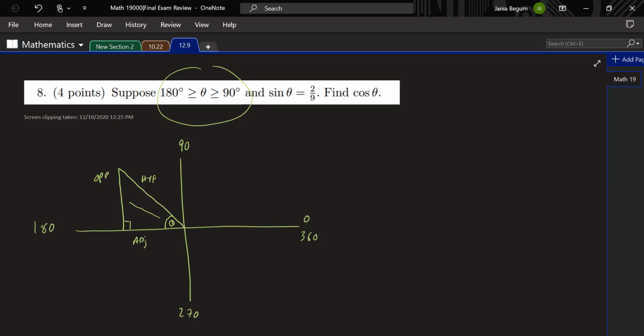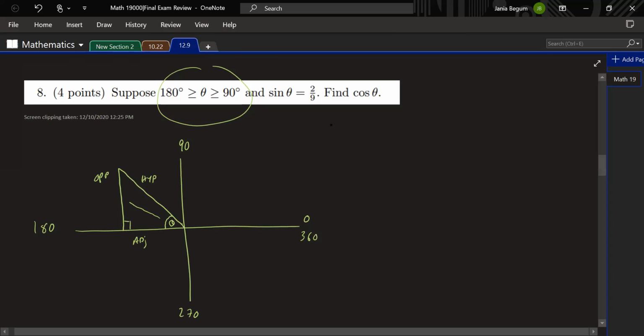We have sine of theta given to us. Sine is opposite over hypotenuse, so our opposite is 2 and hypotenuse is 9. We're looking for the adjacent side. Once we find the adjacent side, we're ready to read off cosine theta.